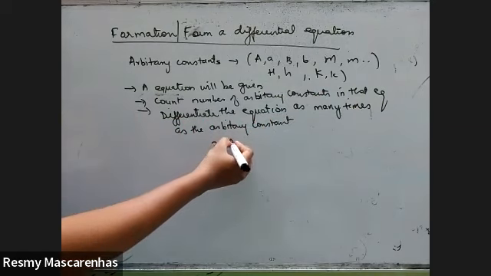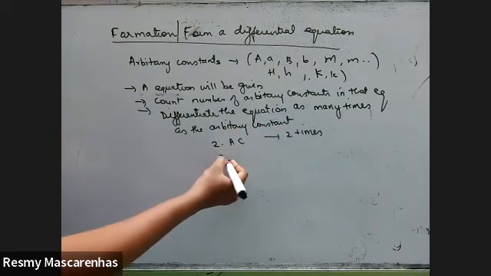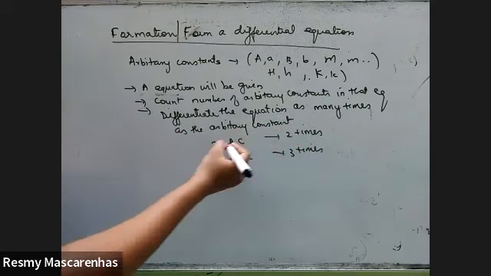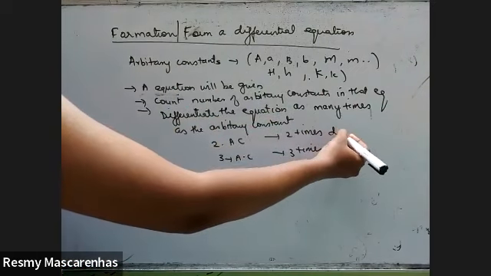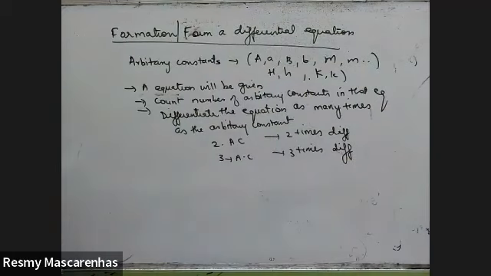If there are two arbitrary constants, two times you have to differentiate. If there are three arbitrary constants, you have to differentiate three times. That way. If there are four arbitrary constants, you have to take the derivative four times. Three arbitrary constants means three times you have to differentiate.